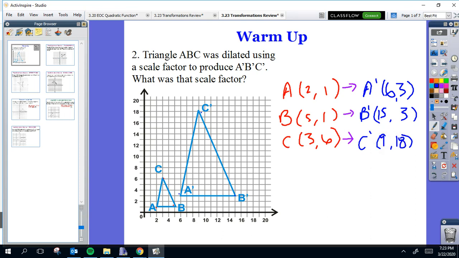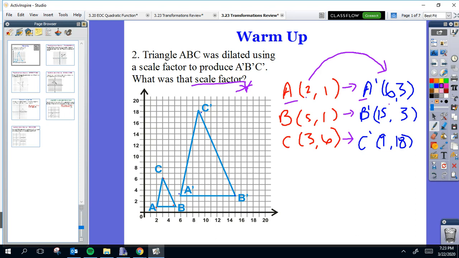So, like I said before, scale factor means multiplication. I need to figure out what the multiplication number will be to get from my pre-image to my image. So I go from 2 to 6.